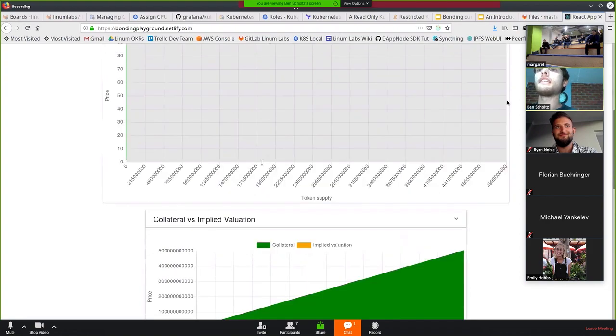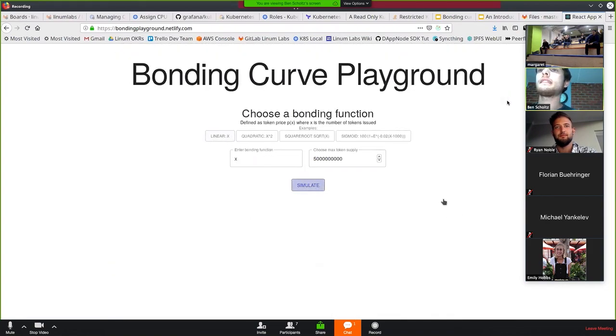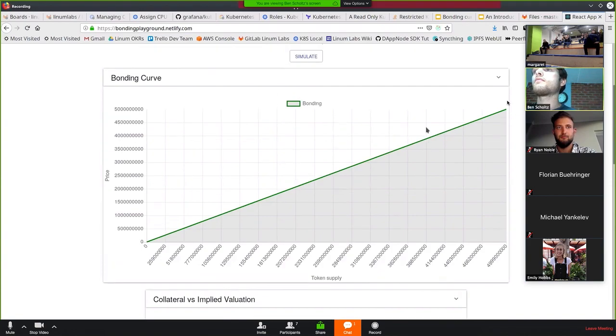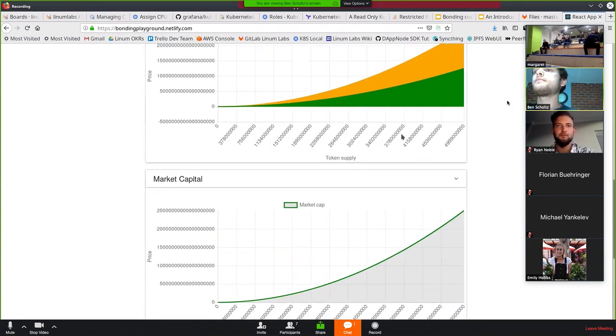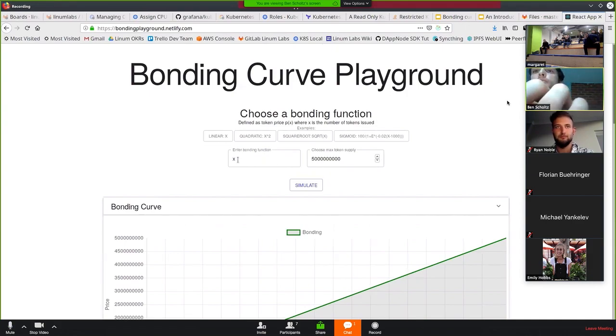But if you did the same thing with, say, a linear curve, it would look more usable. And you can put in your own function as well, any function you make, basically.